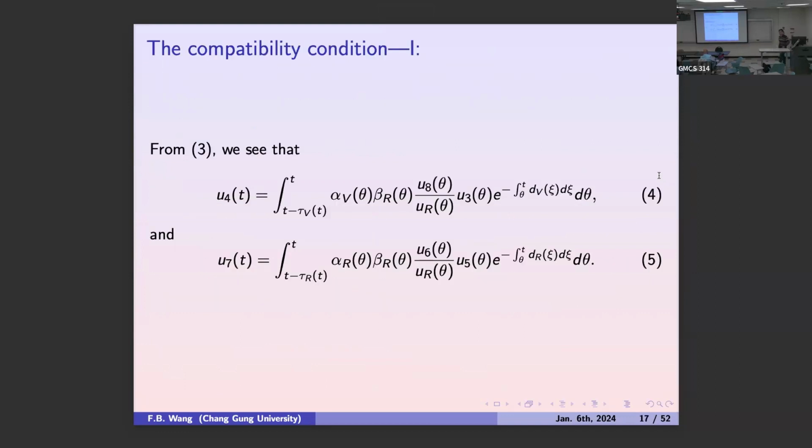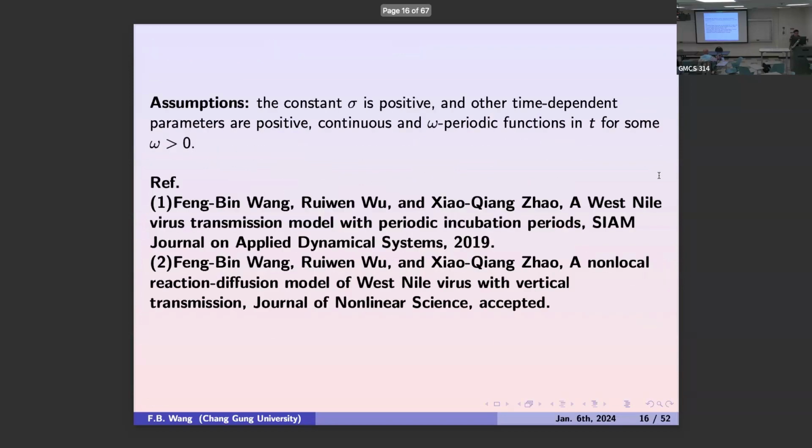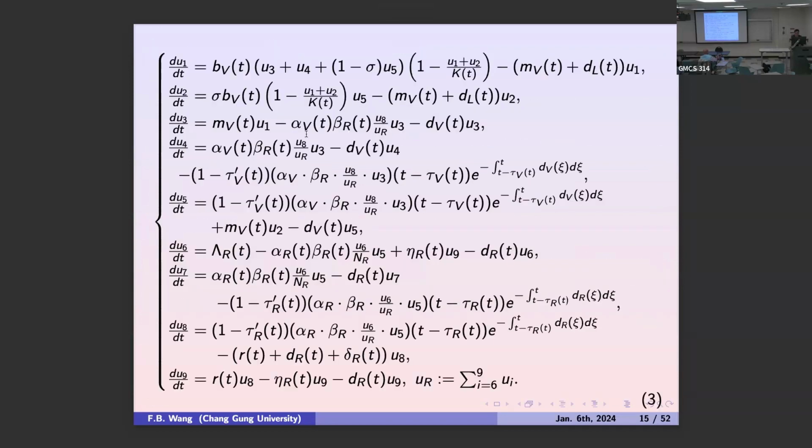And now I need to talk about, when we study the real hypothesis, that means we need to give some initial data for the solution, and then we can find the solution. When we give the initial data, we need to be very careful, because the system has some natural condition or compatibility condition. For example, for this equation and this equation, it can be rewritten in integral form.